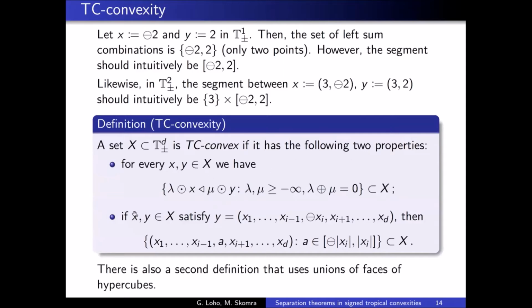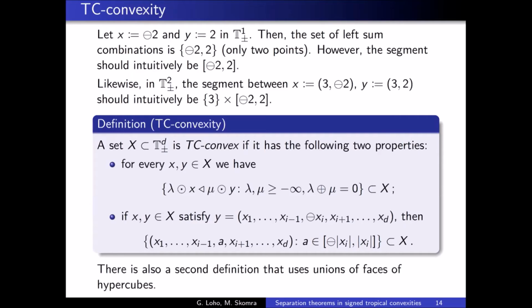Secondly, if you have two points in your set that differ only on one coordinate, and on this coordinate they differ only by a change of sign, then you want the whole interval between those two points to be included in your set. There is also a second definition that Georg mentioned, that uses unions of faces of hypercubes. I will not present this definition, but I can discuss it later, and this definition is enough for our purposes.